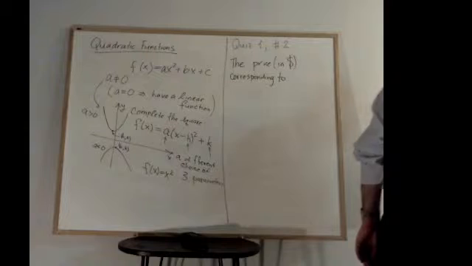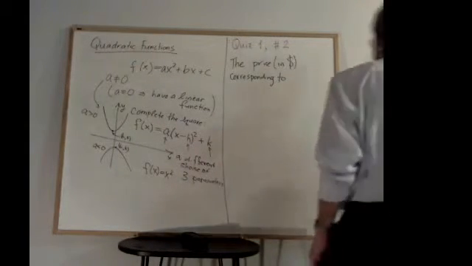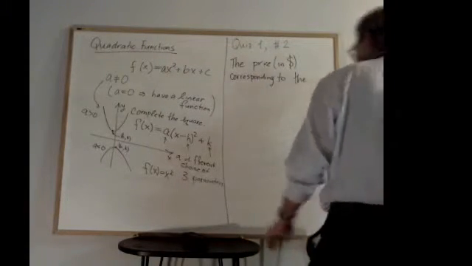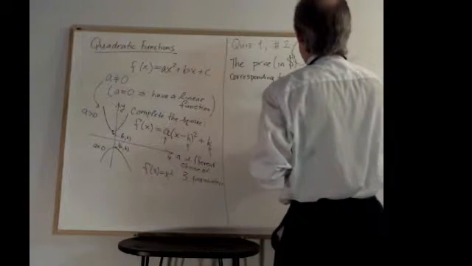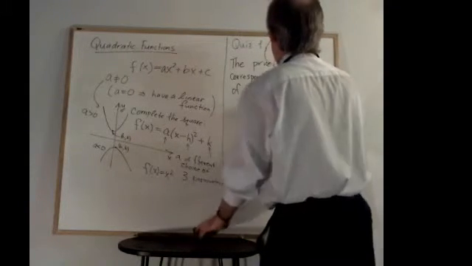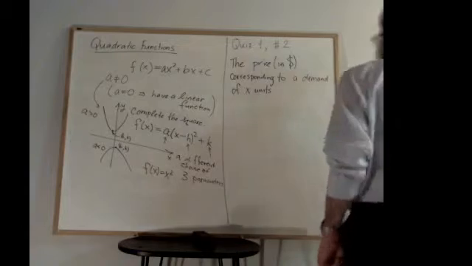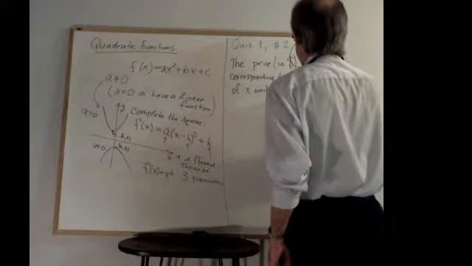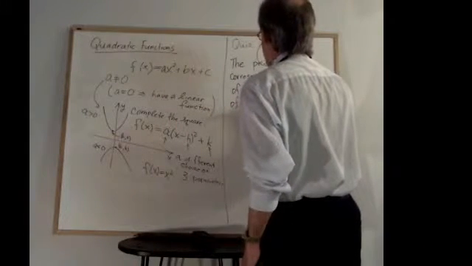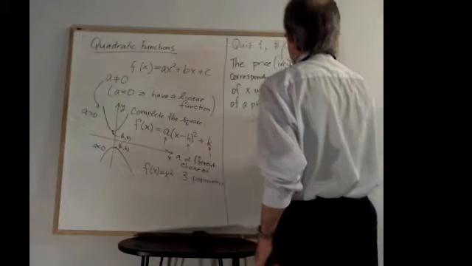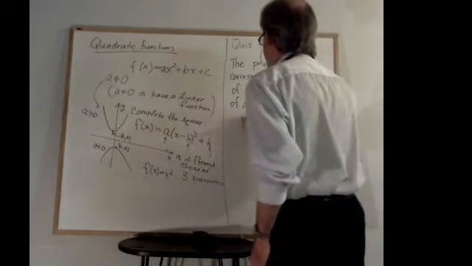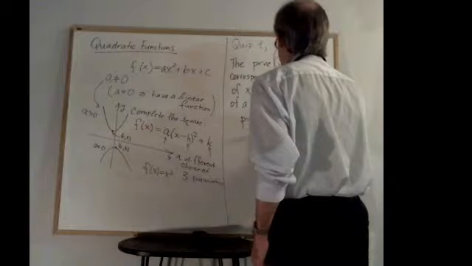Price in dollars corresponding to the demand, I should say, of x units per day of a product is equal to, P is equal to 6 minus x over 200.